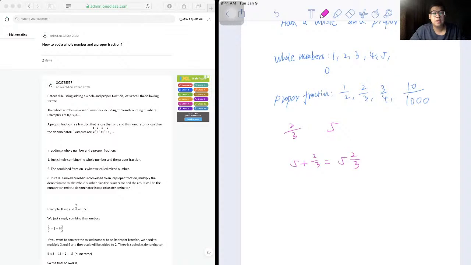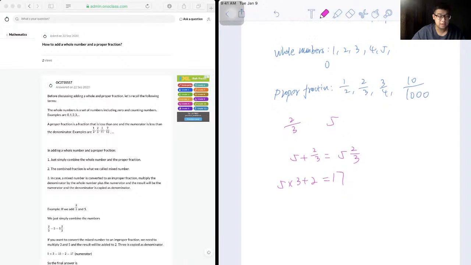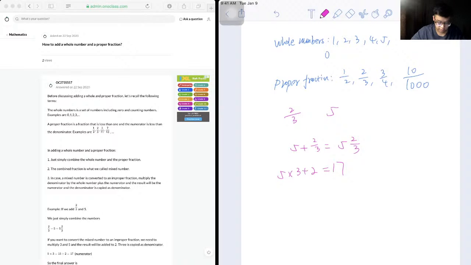Notice that 3 is copied as the denominator, so we get 5 times 3 plus 2, which gives us 17 as our new numerator. So the final answer will be 17 over 3.